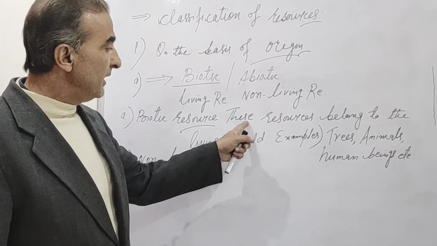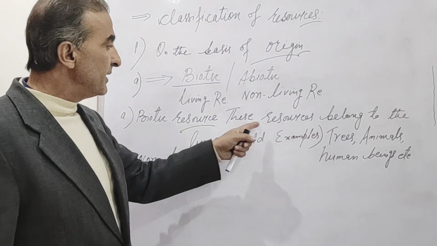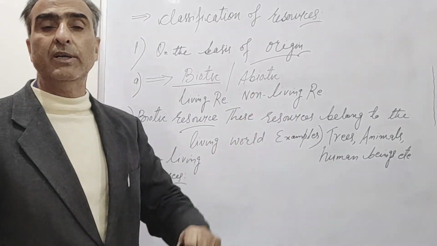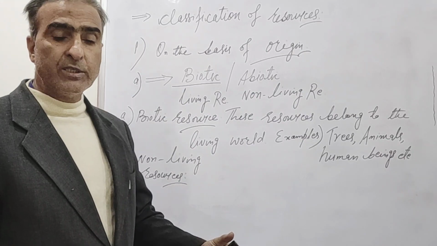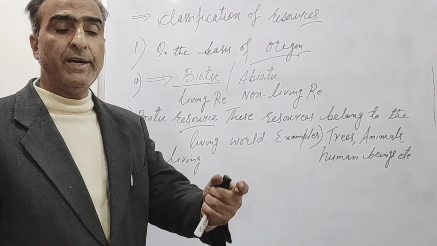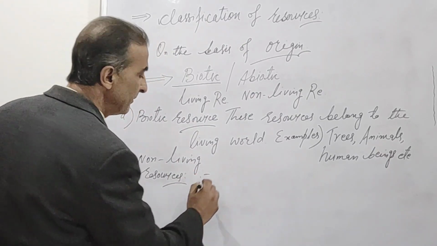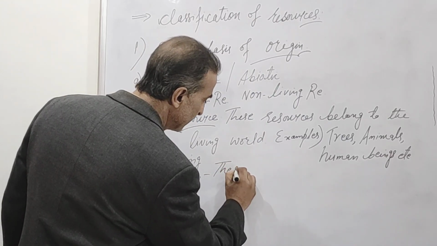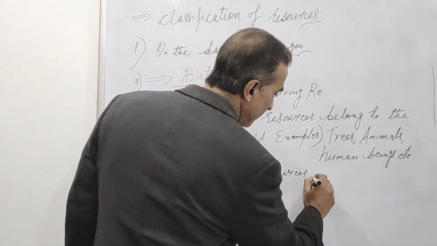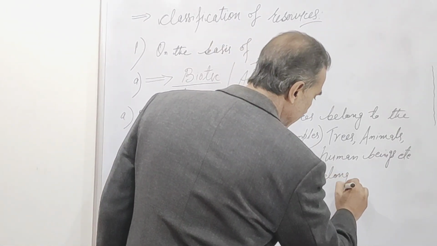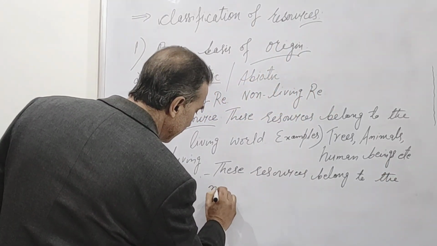Here we have written, these resources belong to the living world. Now here we can write, these resources belong to the non-living world. Or the resources present in the biosphere which do not have life. You can also write this.